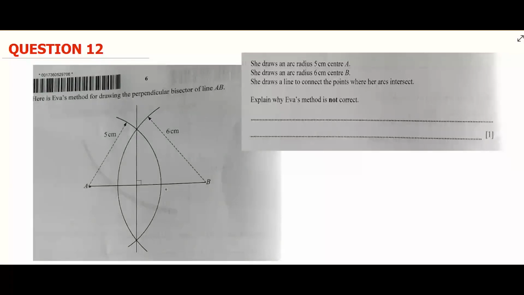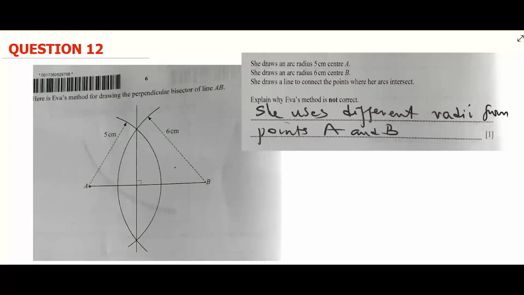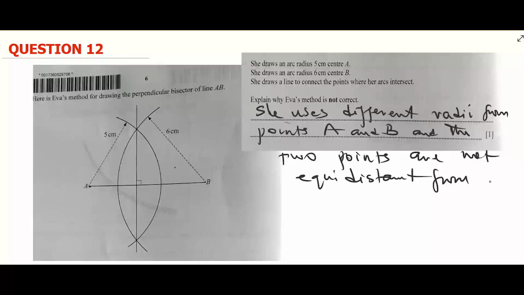Her method is not correct because, let's write here, she uses different radii from points A and B, or you can say the 2 points are not equidistant from the center.